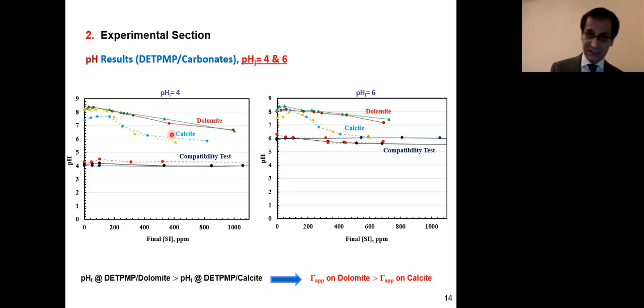As a result, DETPMP in dolomite has more chelation sites to absorb calcium from around and get precipitated. And this is the main reason why DETPMP has been adsorbed mostly on dolomite rather than on calcite.